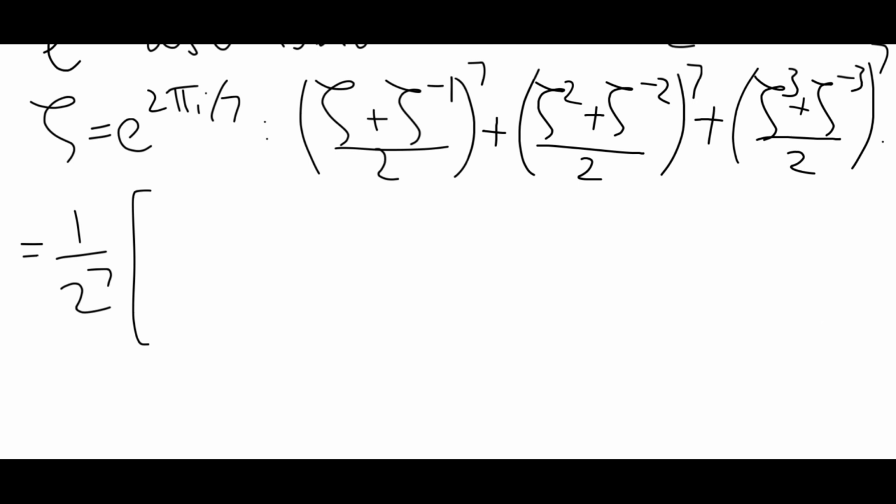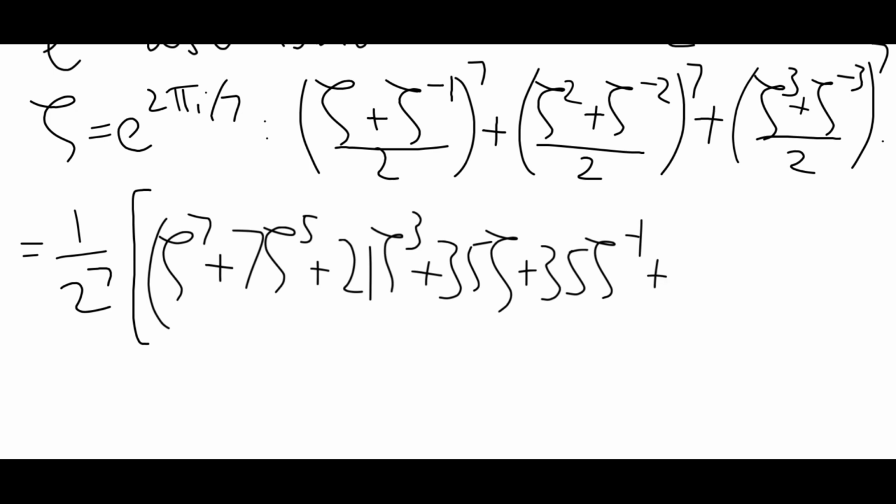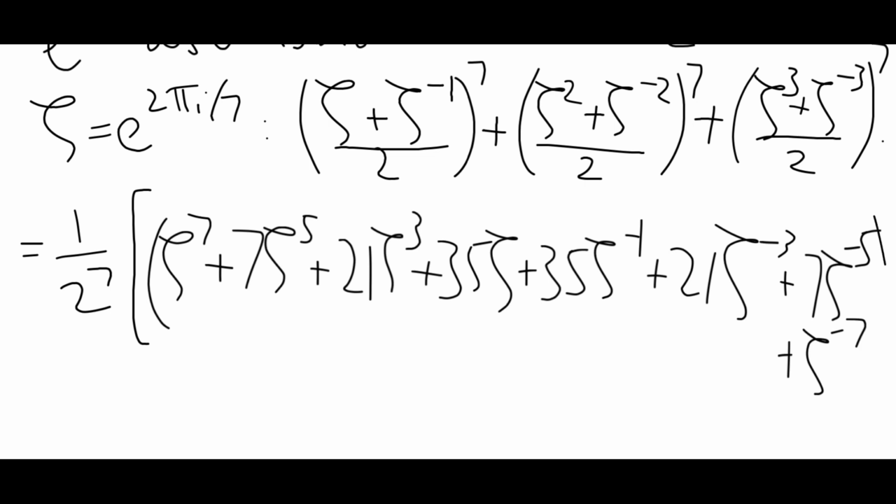So when you do this expansion, you'll have, from the first term, using the binomial theorem, zeta to the 7th plus 7 zeta to the 5th plus 7 choose 2, that's 21, zeta cubed, plus 7 choose 3 is 35, zeta plus, now I have 35 zeta inverse, and then 21 zeta to the minus 3 plus 7 zeta to the minus 5 plus zeta to the minus 7.